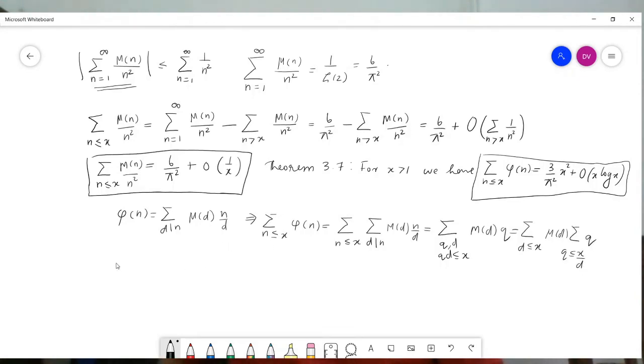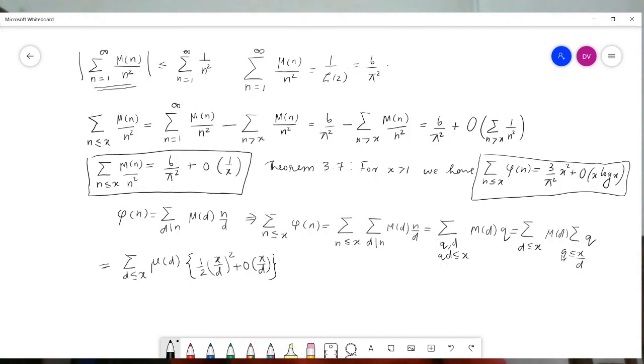Here we need to use the asymptotic formula that you have proved in the application of Euler summation formula. We use the formula for sigma q less than or equal to x by d of q, which can be replaced by half of x by d whole square plus O of x by d.